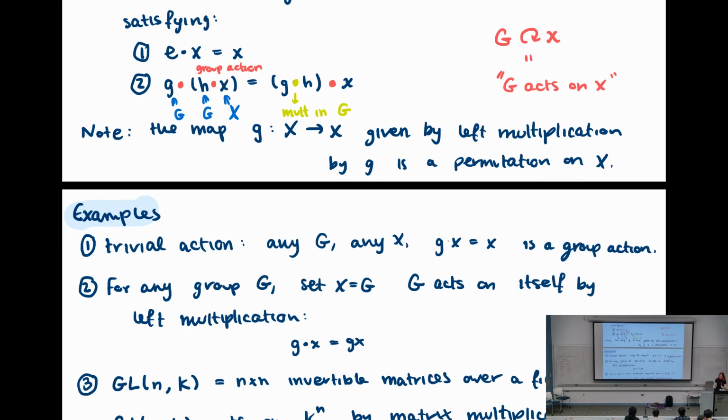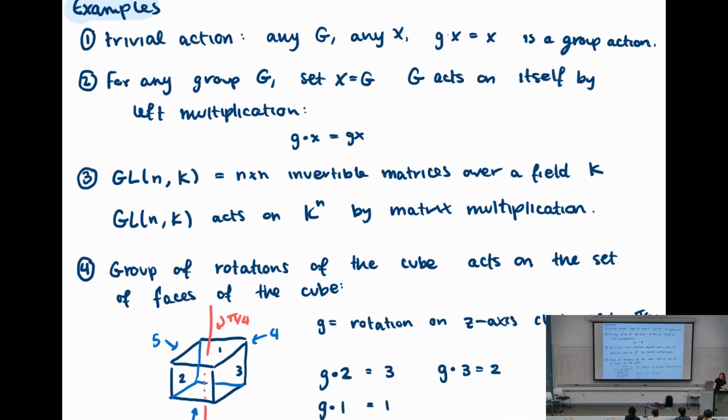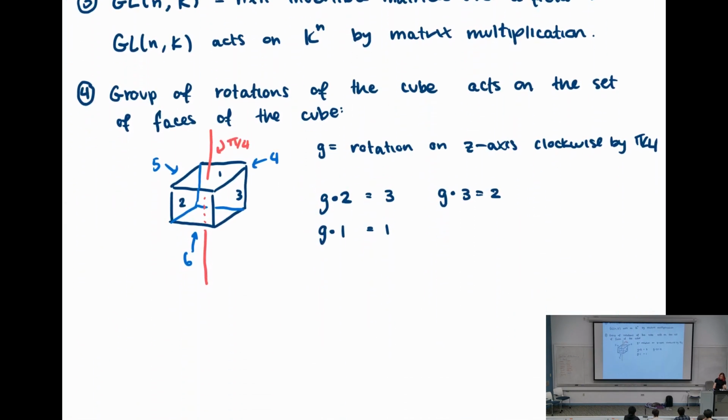Okay, so along with this, I'm going to introduce two sets. First, the first one will be called the stabilizer of an element, and the second one is the orbit of an element. So this is going to be a definition.